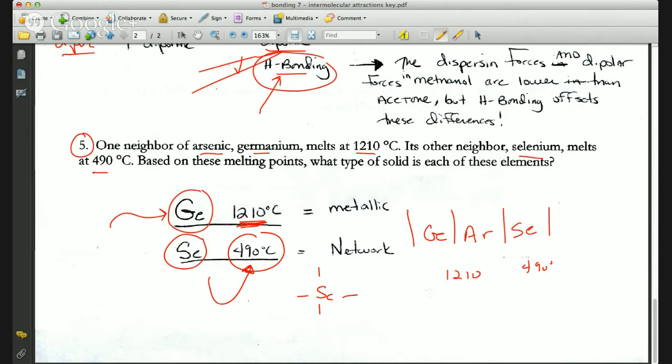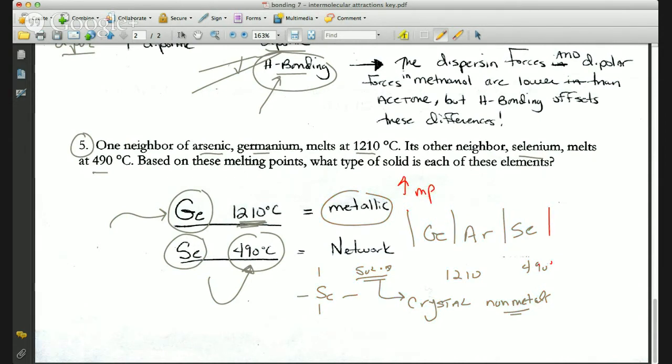So network solids are crystal forms of nonmetals. For the most part, things that make crystals are metals and ionic compounds. And because of those crystal lattices, they have high melting points.